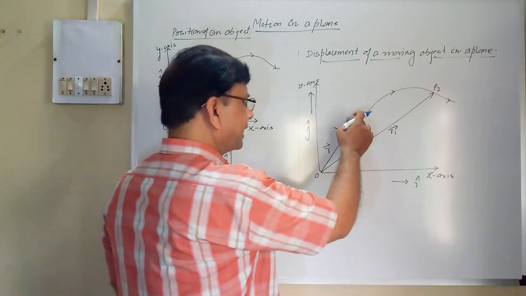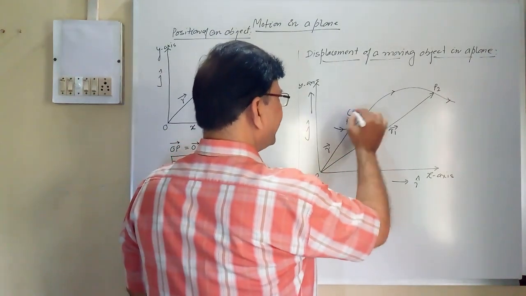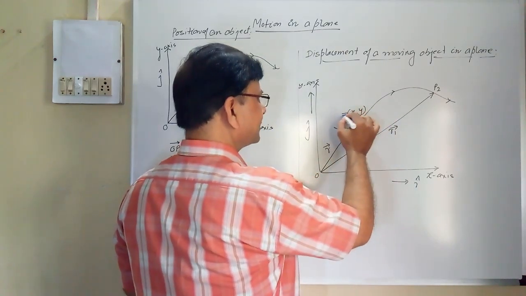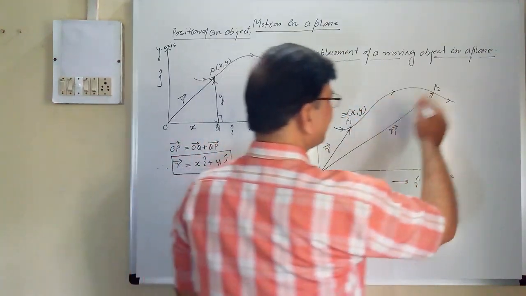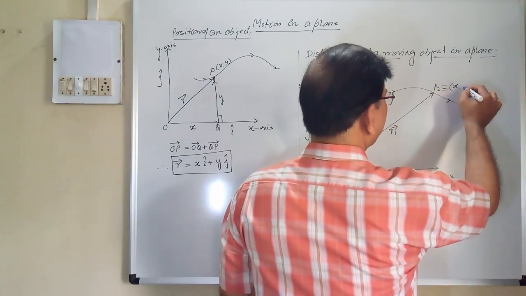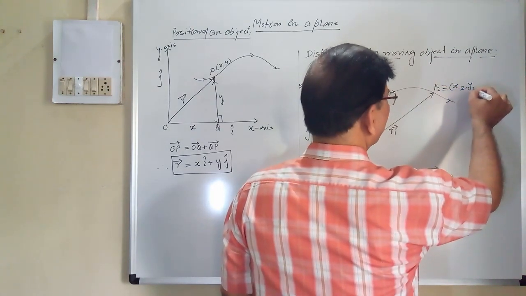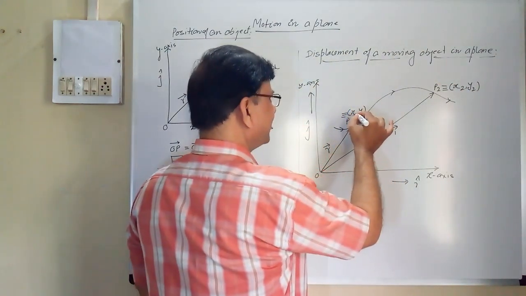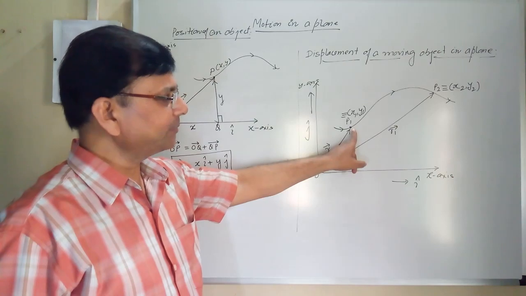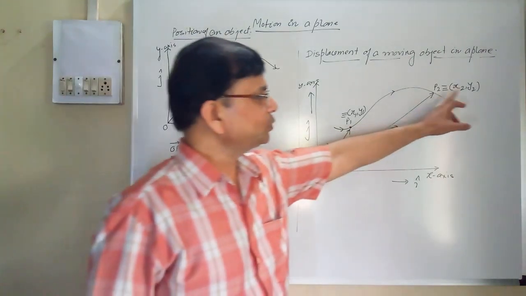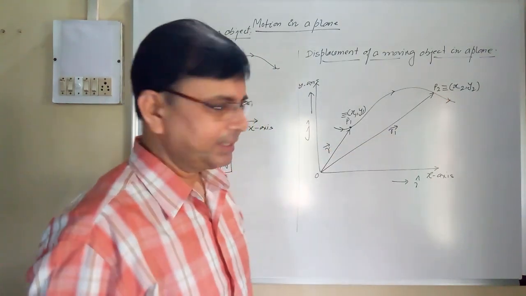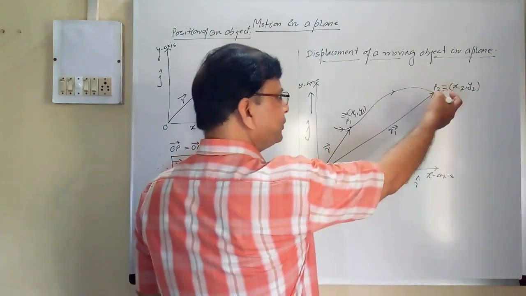Suppose the coordinates for this point P1 are x1, y1, and for P2 the coordinates are x2, y2. So from P1 to P2 it has gone.